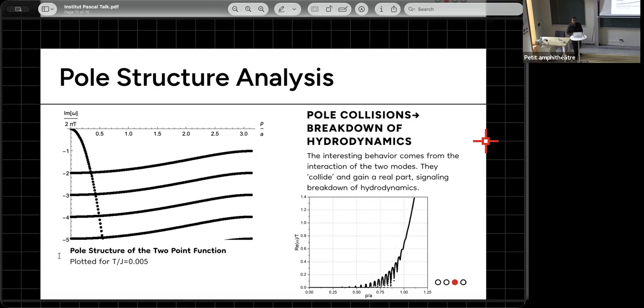Okay, thanks. Perhaps I can interject. These are not really high frequencies, right? Because they're all frequencies of order the temperature. High frequency would be frequencies of order J, the coupling, or let's say of order the Fermi energy. So here we are at much lower frequencies than those.